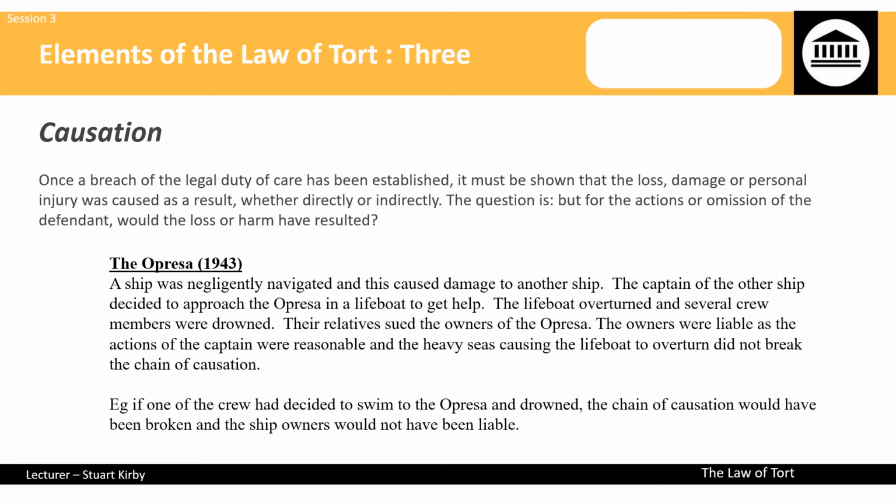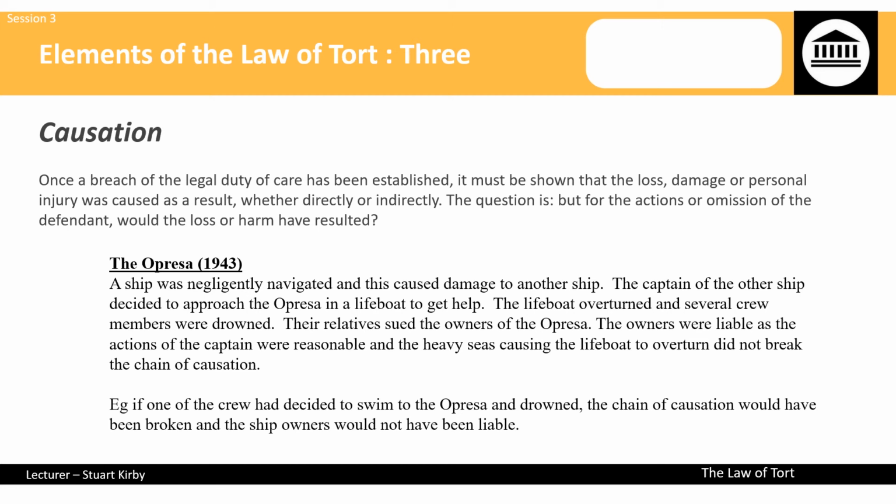If your ship is in danger and there is another ship nearby, it's very reasonable for the captain to order some of the crew to get into the lifeboat in an attempt to reach the other ship. The fact that the seas were choppy, as it says here, heavy seas, did not break the chain of causation, because the captain was deemed to behave reasonably given the situation.